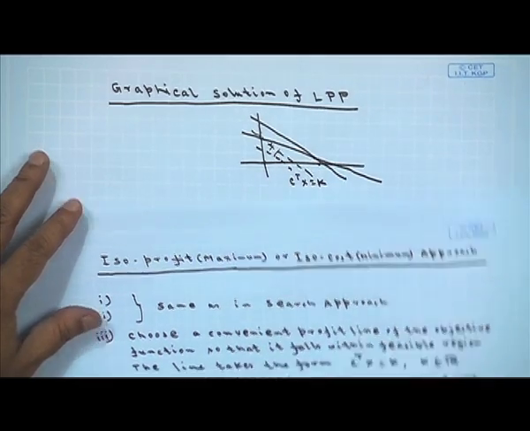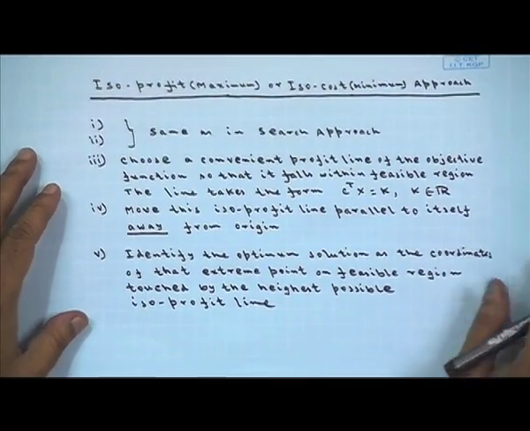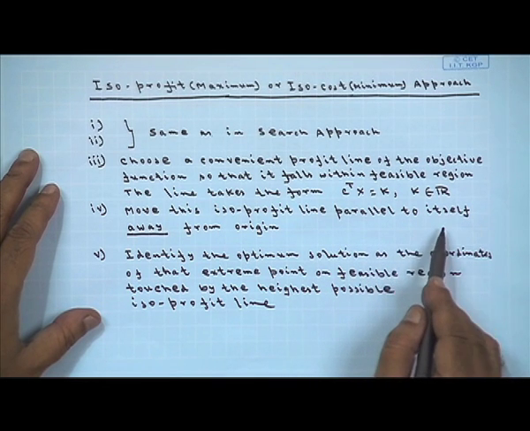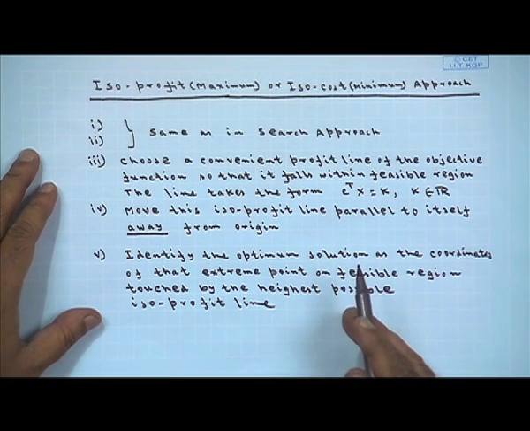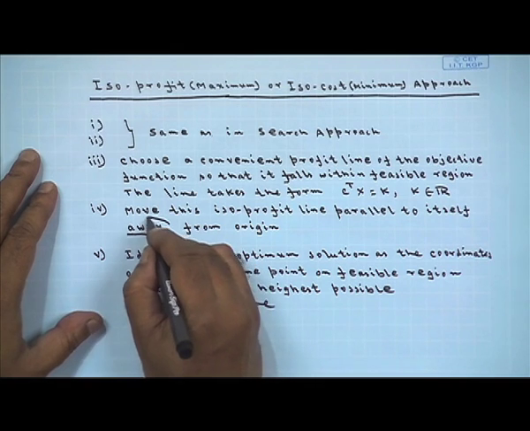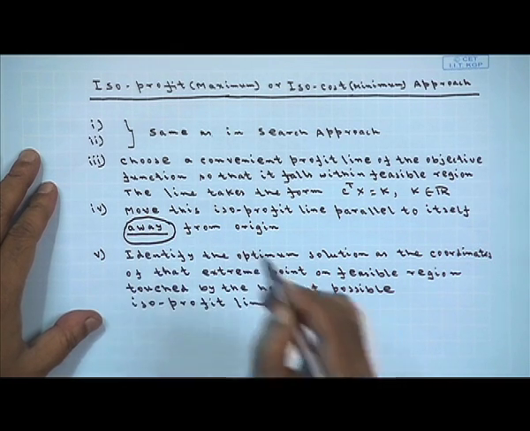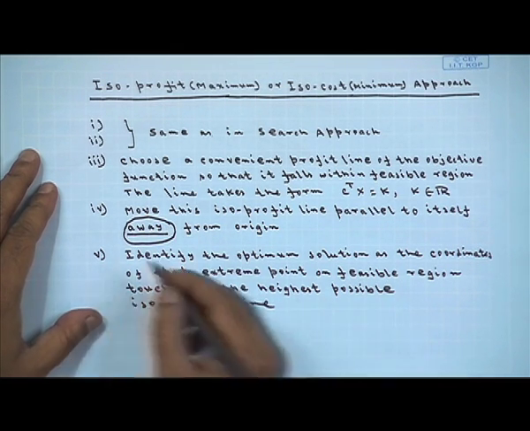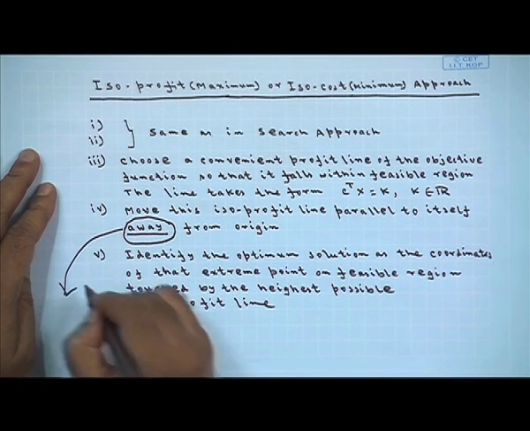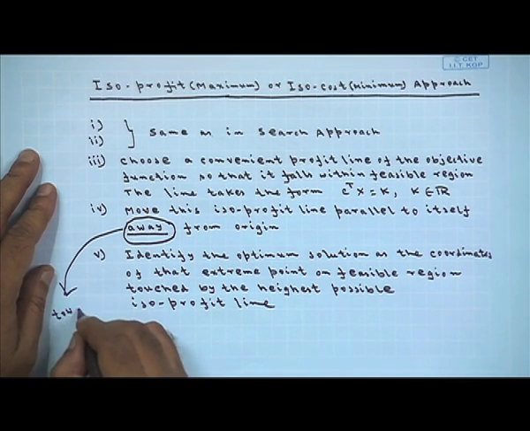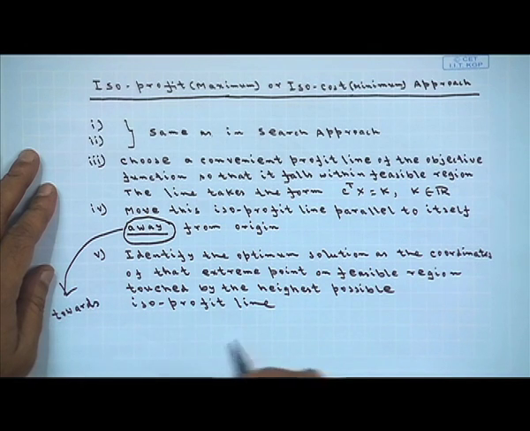So, we are saying that move this ISO profit line parallel to itself away from origin, and this away part can be towards origin if the problem is a minimization problem.